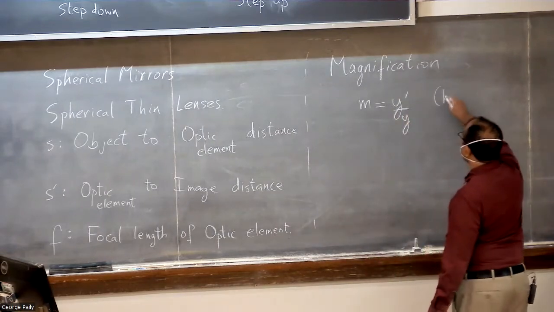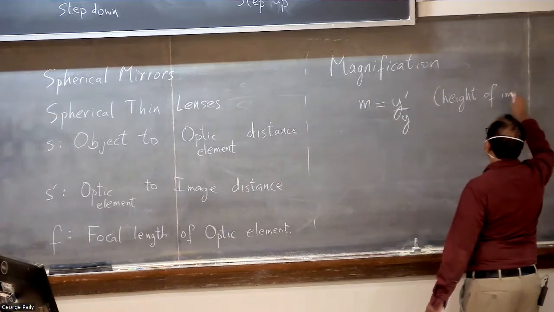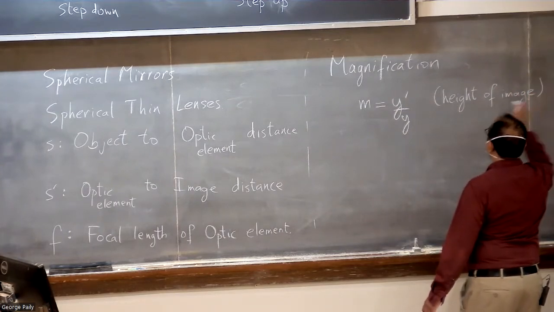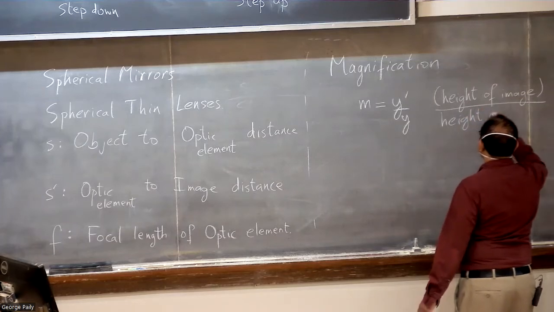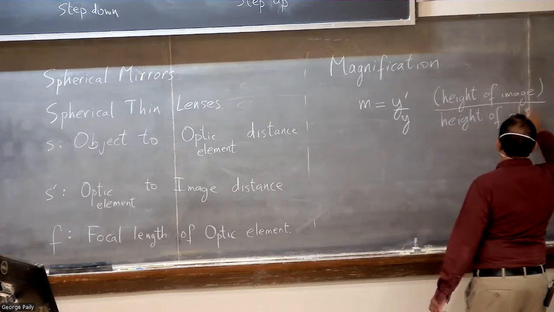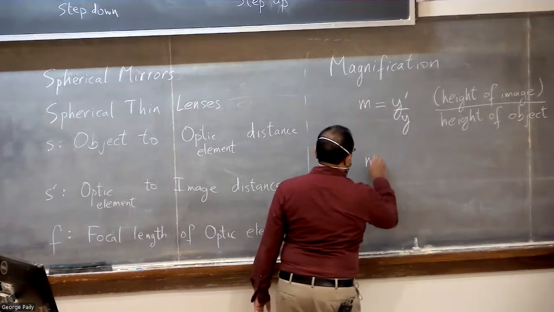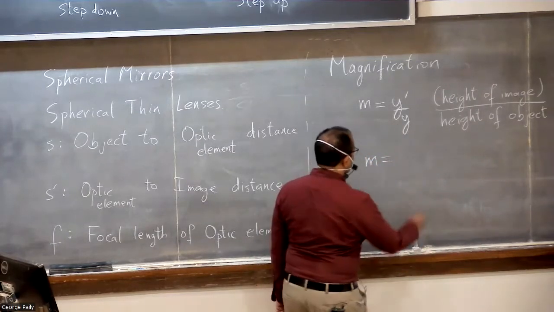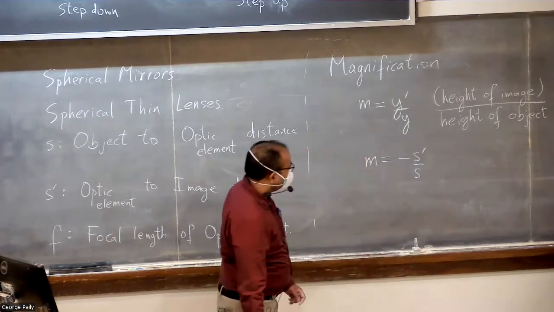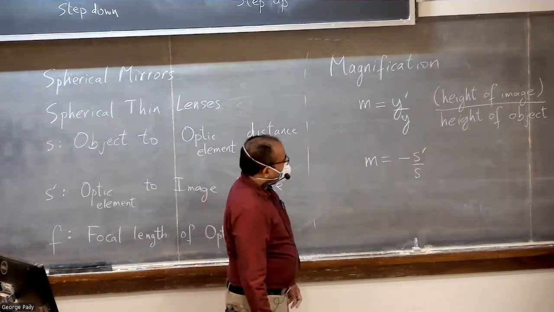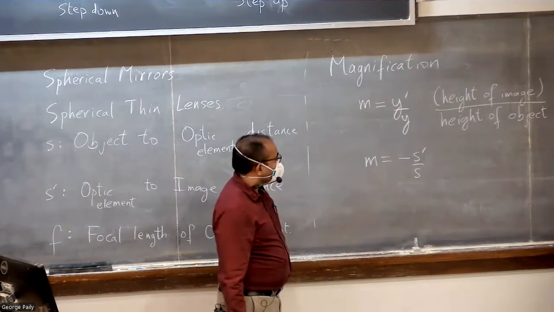Okay, so let's put it in brackets, height of image, height of object. And it turns out we can show that the magnification is also going to be equal to minus S prime over S. And I'll sort of argue for this. I won't give a rigorous proof, but I'll argue for this.